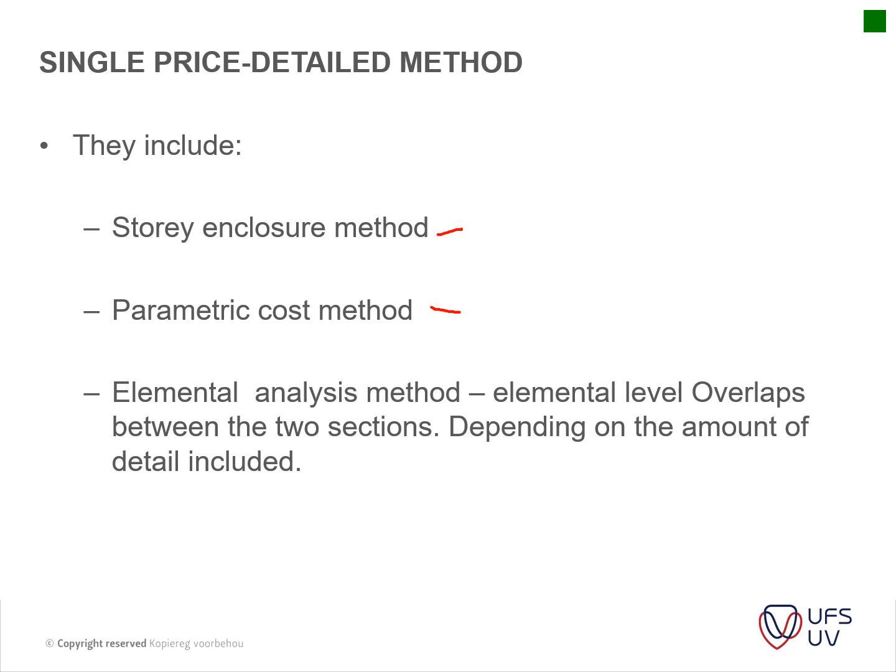It's more a section we're going to cover in our detailed methods, because it does overlap with the elemental level of measurement. So please take note that the last section is split into 2 sections, which falls in the single price detailed methods and also in the detailed methods of measurement. Please take note of that.